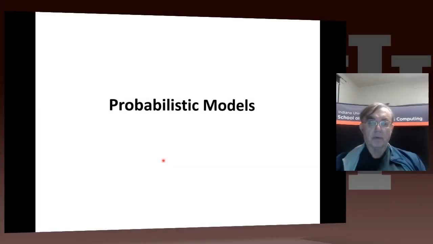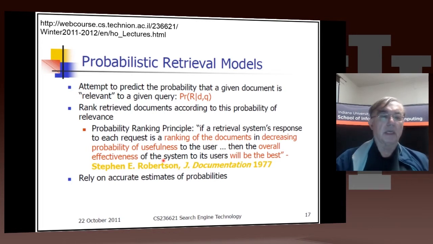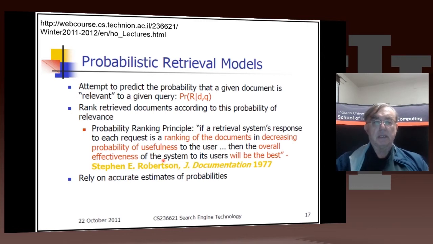Here's a few more remarks on probabilistic models. That's effectively what we're going to do; the vector space is the formulation. Now we're going to try to make more precise how we use the vector space or similar ideas. So we want to find the relevance as a function of the query and the document.